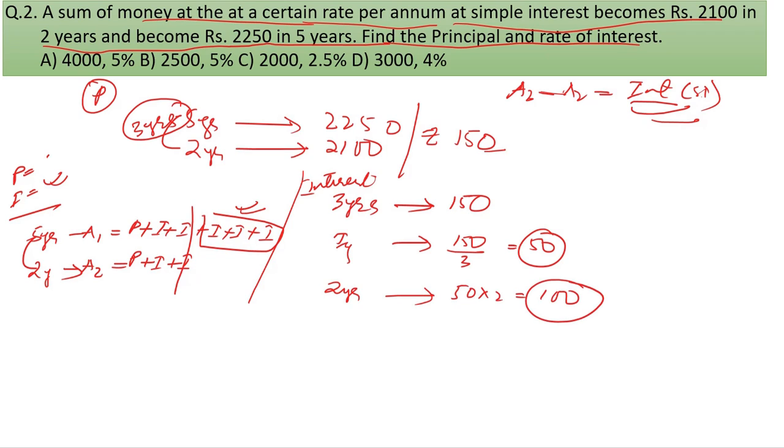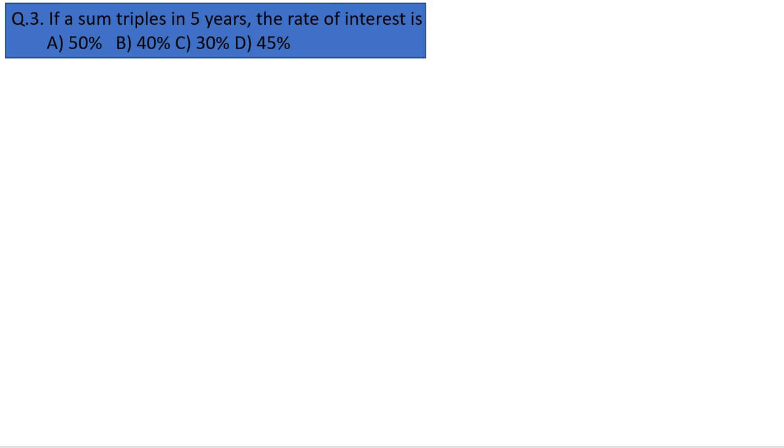We are also given that the amount for 2 years is rupees 2100. So the difference between the amount for 2 years and simple interest for 2 years will always be principal, which is rupees 2000.